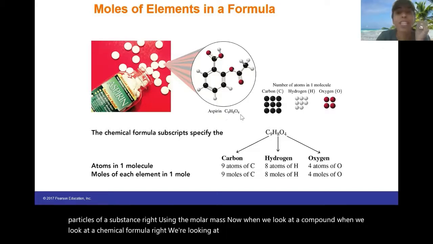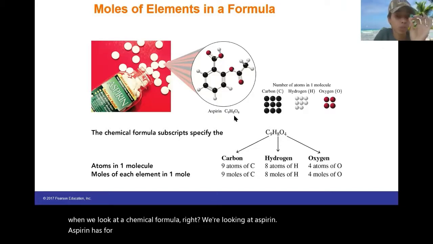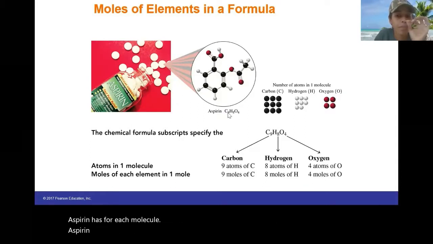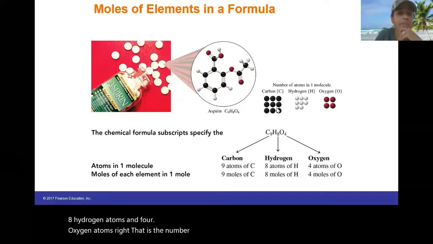Aspirin has, for each molecule, 9 carbon atoms, 8 hydrogen atoms, and 4 oxygen atoms. That is the number of atoms that we would have in one molecule.